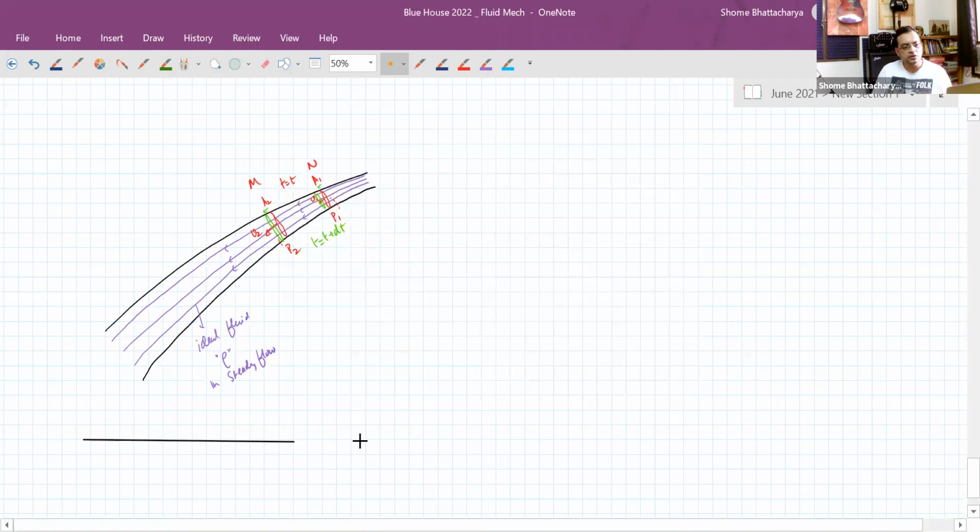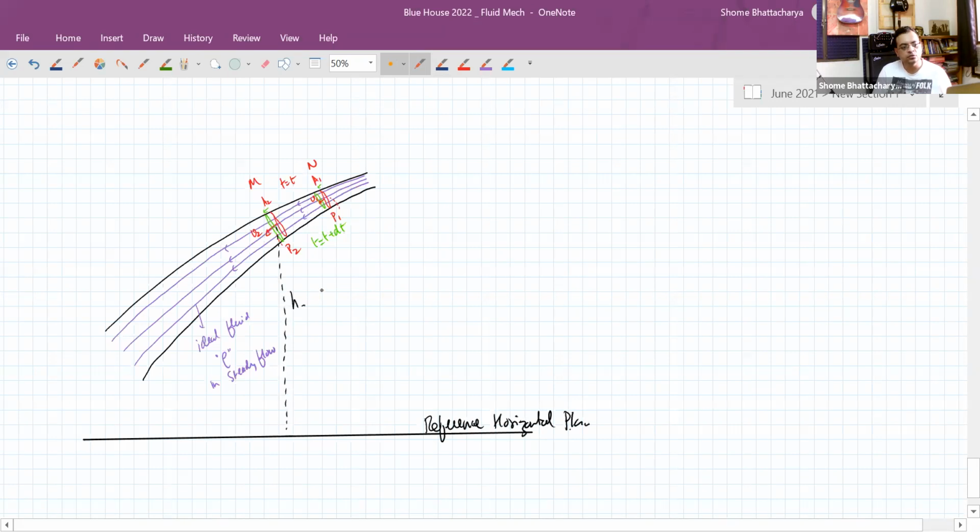If this was our horizontal level, which is our reference level, then with respect to this reference level, let's say the average height of fluid elements at that cross section is H2, and the average height of the fluid elements at this cross section is H1.